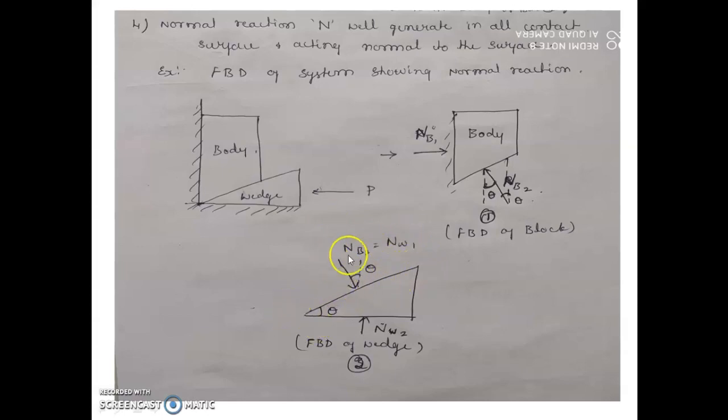This is the wedge. The magnitude of NB2 is equal to the magnitude of NW1. It acts upwards on the body, and the same force acts downwards on the wedge, therefore it is shown as a downward arrow on the wedge like this. You can see in this figure.